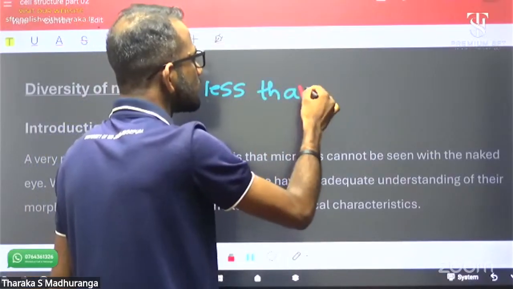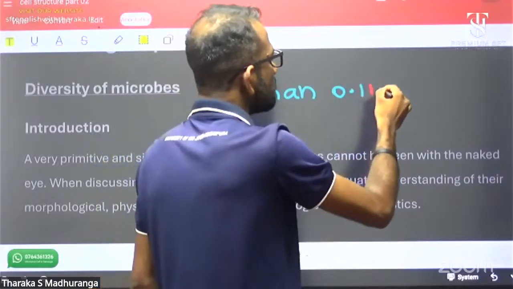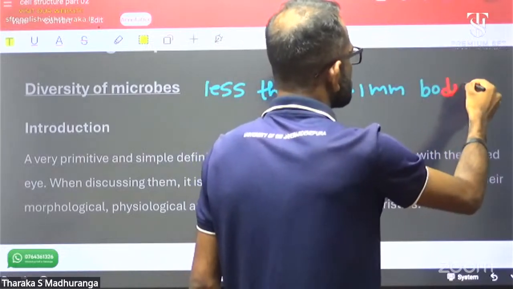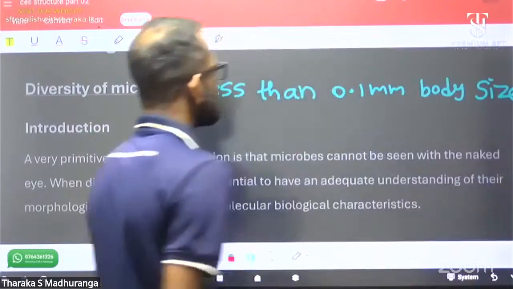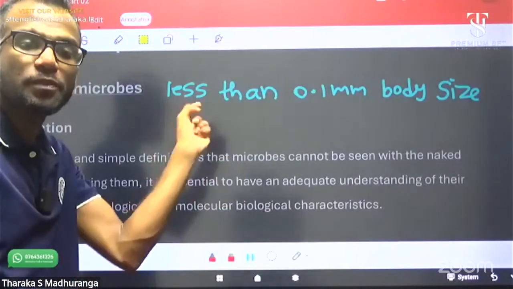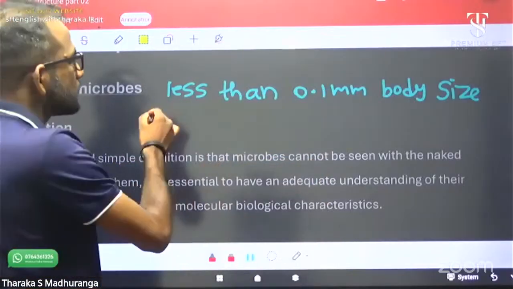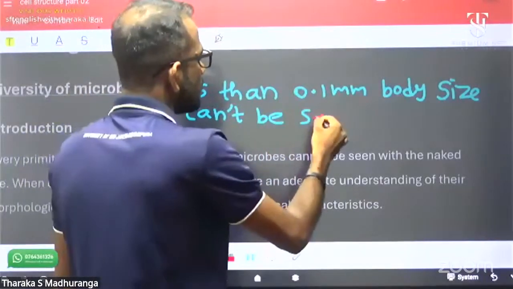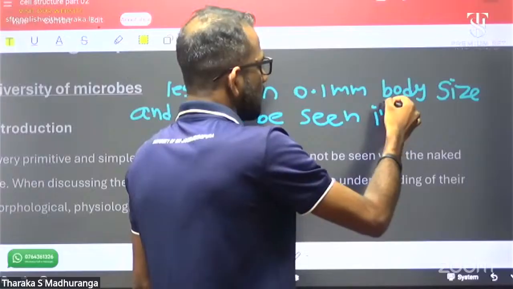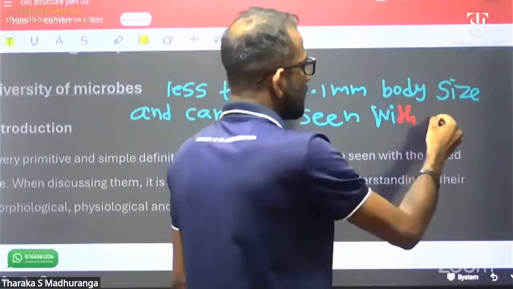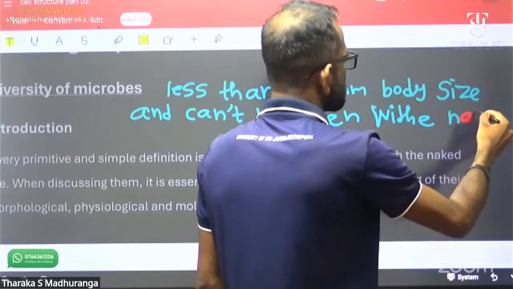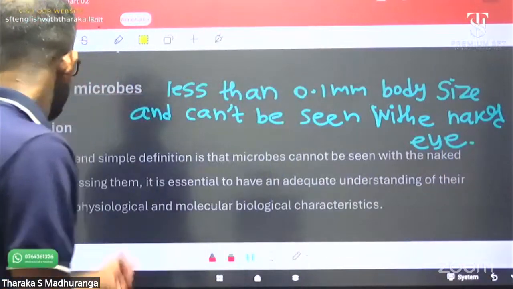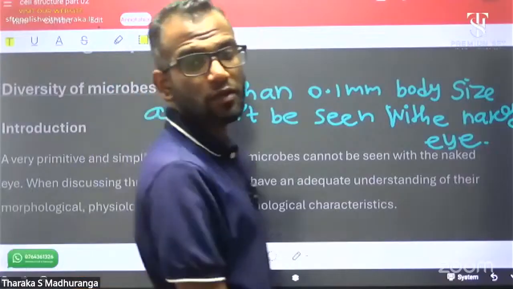Microorganisms are organisms less than 0.1 millimeter in body size and cannot be seen with the naked eye. This is the microorganism definition.